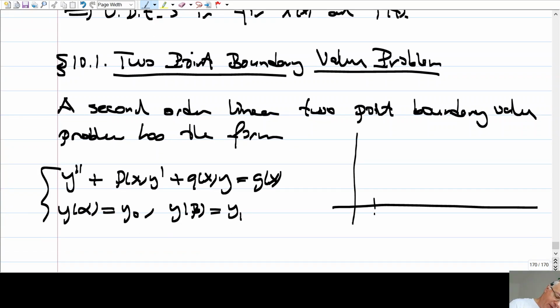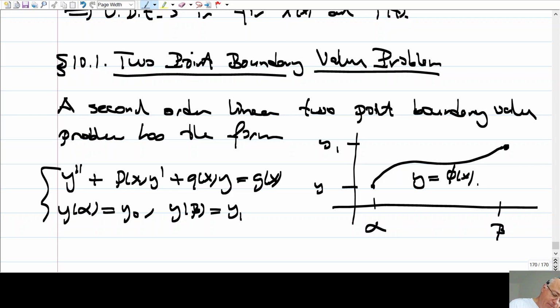I have some interval alpha beta, and I have prescribed values at these points, and I am looking for a solution of the differential equation satisfying these conditions.